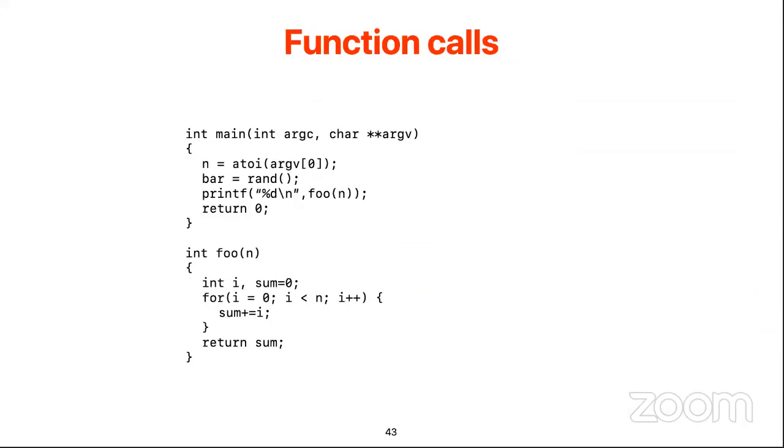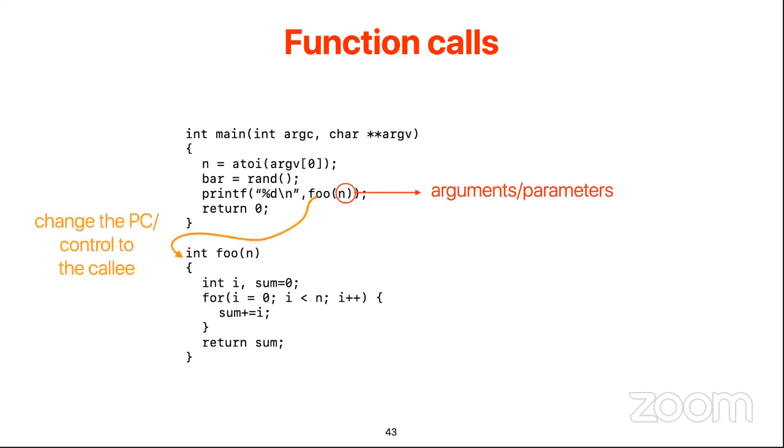However, if you look at what we need for a function call, it's actually more than that. Thinking about a function call, we need to pass arguments. Then jump and link, as we just mentioned, helps us transfer the control to the callee. But in each function, we also need local variables.